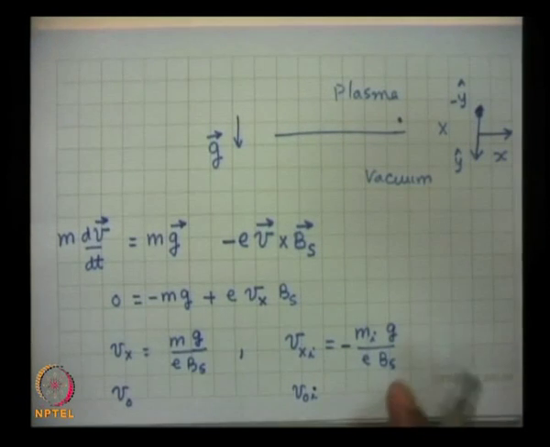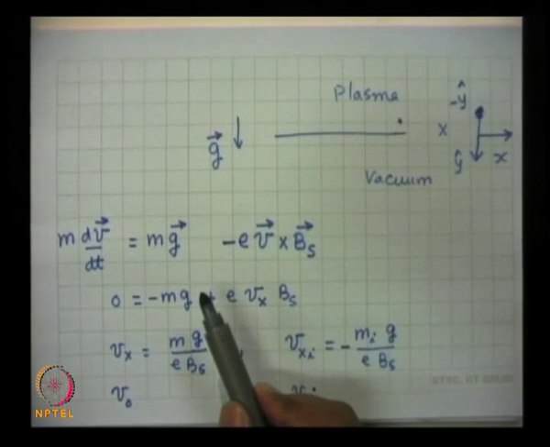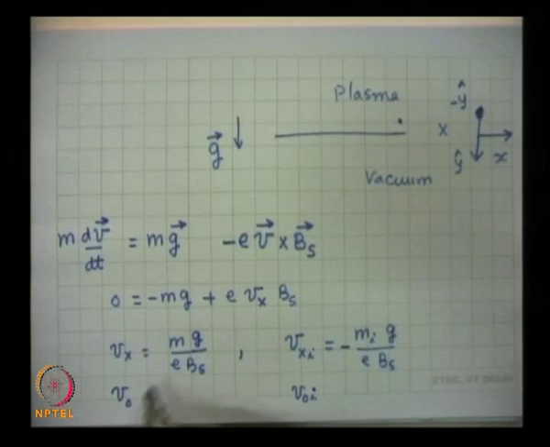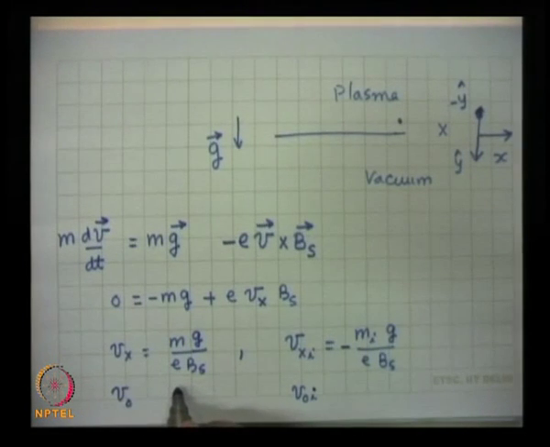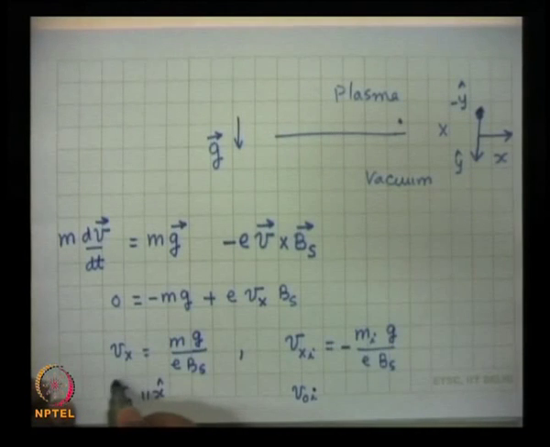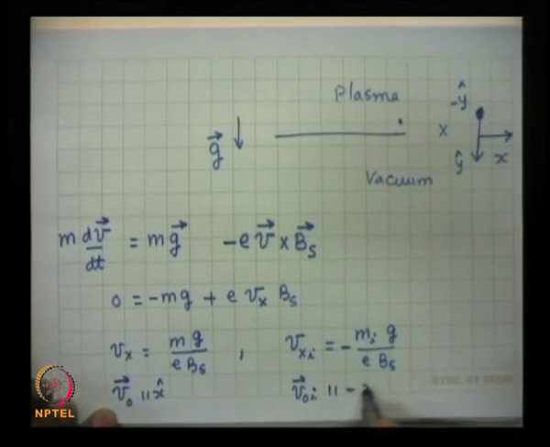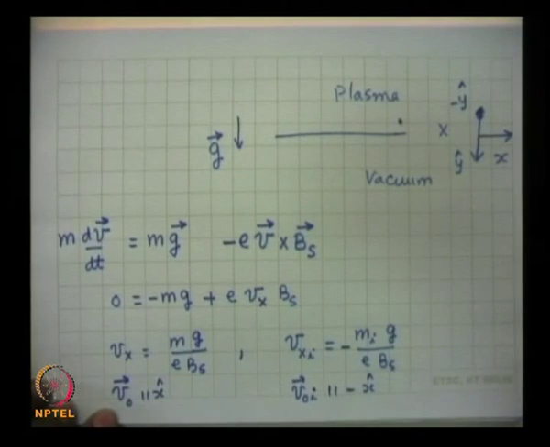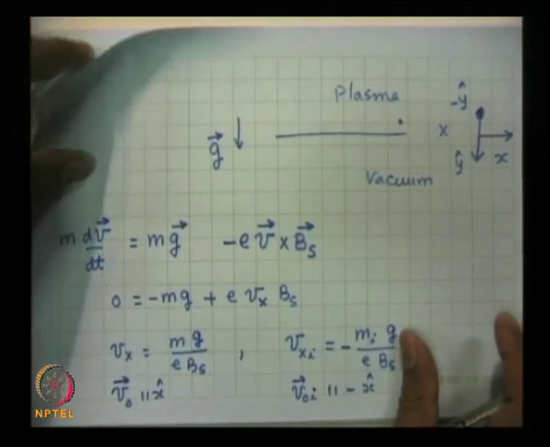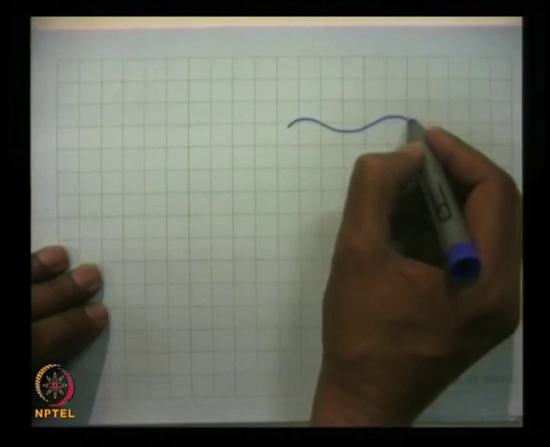I would like to examine, if I perturb this equilibrium, what is going to happen. Please note, electrons are going in one direction, the positive x direction, which is parallel to the x axis, and ions are parallel to the minus x direction. Let me consider a perturbation in the surface. Suppose this is the boundary, the lower boundary of the plasma.